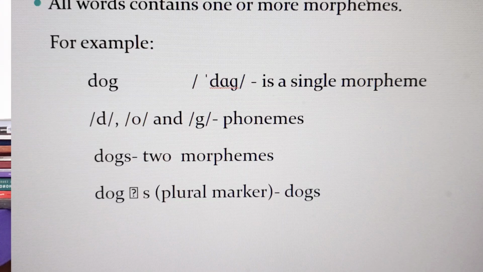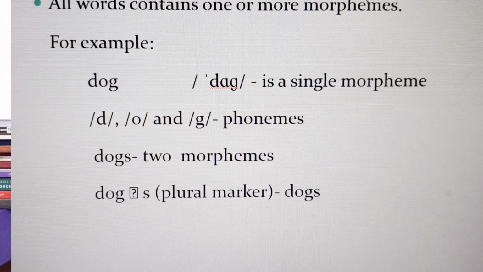And one more word is dogs. Here we can say that there are two morphemes. How can we say that? Dog, we already learned, is a morpheme, and there is s. When s or any other suffix is attached to a meaningful word, the meaning of that word becomes different.